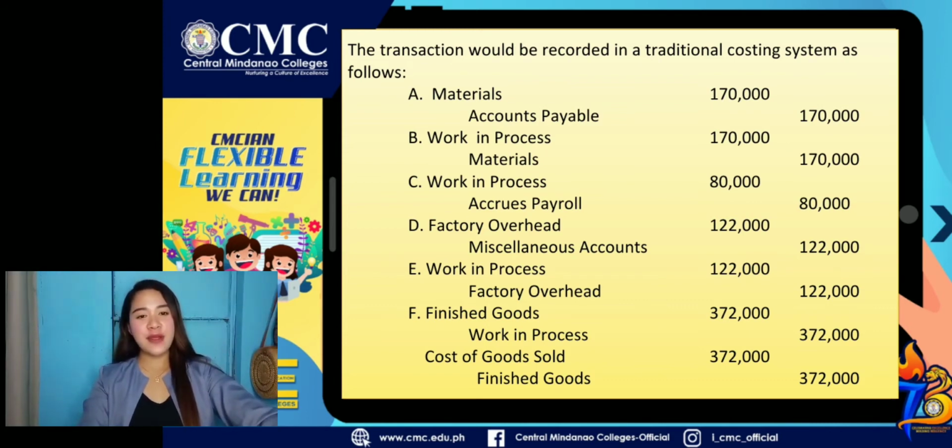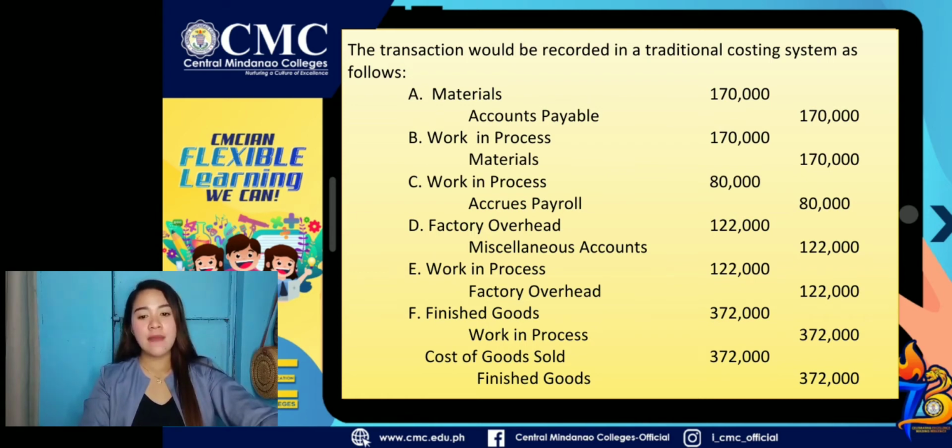The transactions would be recorded in a traditional costing system as follows. A, debit materials 170,000, credit accounts payable 170,000. B, debit work in process 170,000 and credit materials 170,000. C, debit work in process 80,000, credit accrued payroll 80,000.